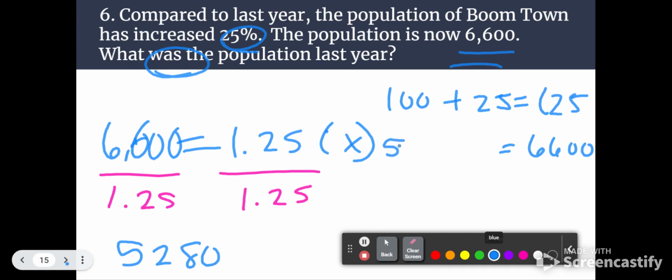So 5,280 was the original. 25% of that is 1,320, and that should equal my new, right? Because it's a percent increase, which is why we multiply it by this. Okay? If you're confused, don't worry. It will get easier the more that you do it.